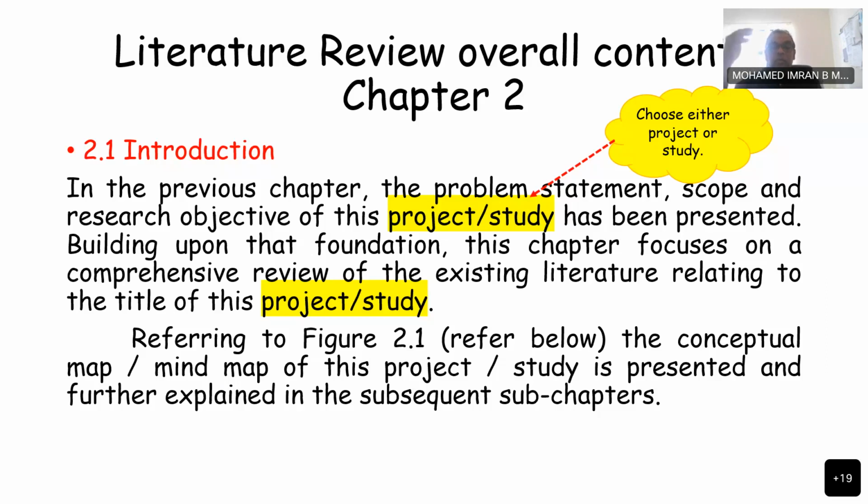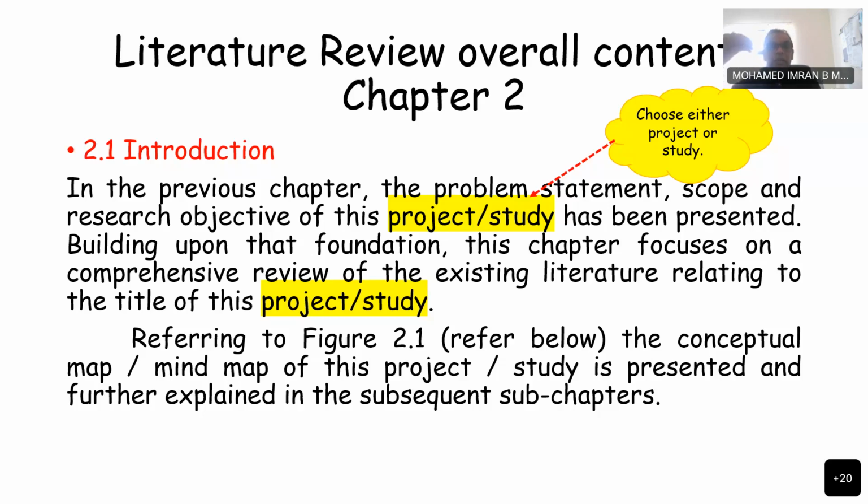For a figure, the title of the figure is below the diagram. If you're presenting a table, the title is above the table. And if that is the first figure shown in that particular chapter, it becomes figure 2.1.